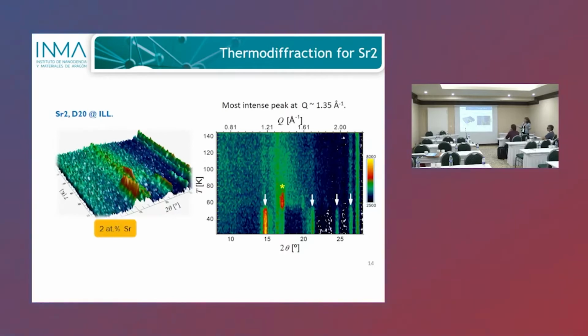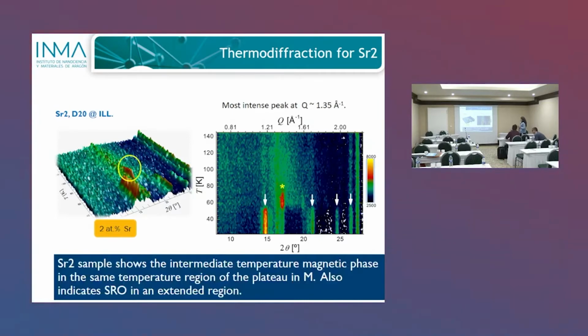And indeed, even for only 2 atomic percent strontium, we did observe that there was something going on between 62 and 82 that manifests with this peak and this other peak here, and some other small features. But indeed, the white arrows indicate the ferrimagnetic phase, and this is another phase that is different. So what was this second phase appearing there?